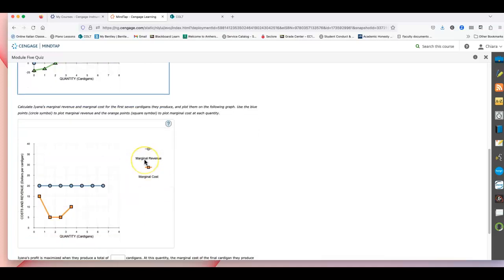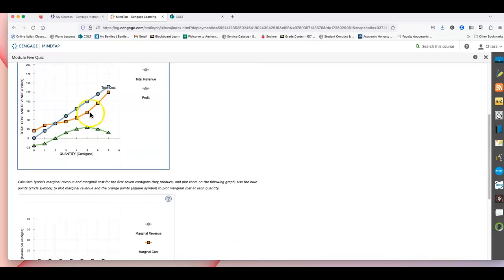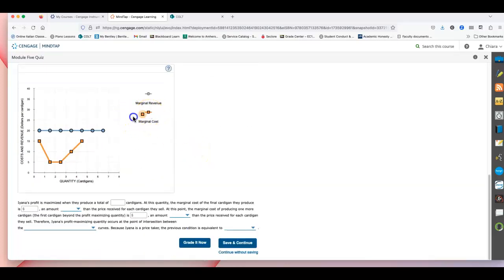So that's 15, the difference, 70 minus 55. So from 4 to 5, 4.5 and 15. 5 to 6, we have 70 till 95. So 95 minus 70, that's 25. So we're going to do 5.5 and 25.